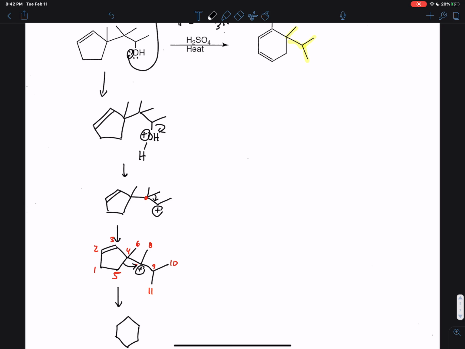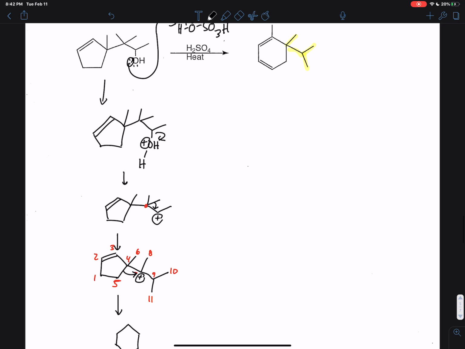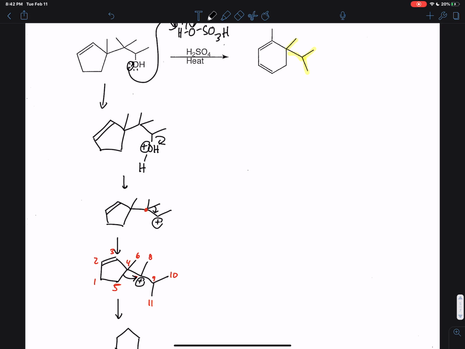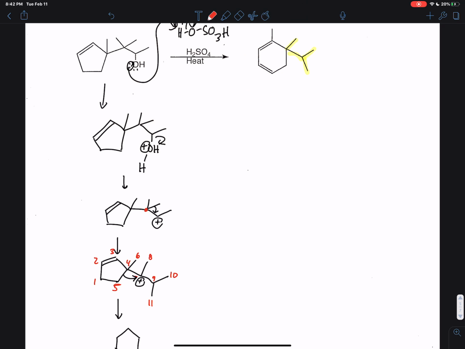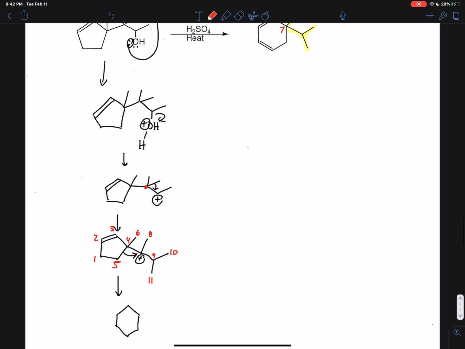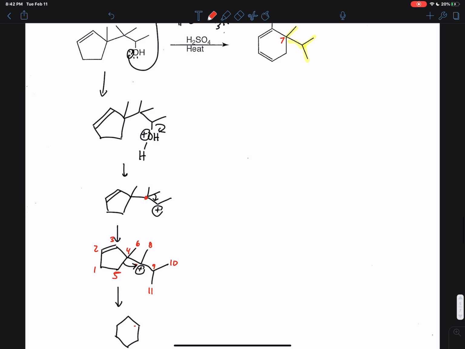I like to keep it consistent with the product. So, for example, let's put it in red. The number 7 carbon, the one that has the positive charge, has to be this guy, right? Because that's the one I wrote in the product. That's the one that has the isopropyl, and it also has the methyl group, right? So I'm just going to put this as my 7, okay?